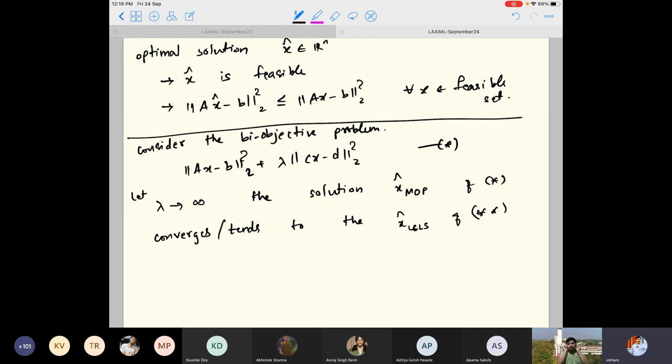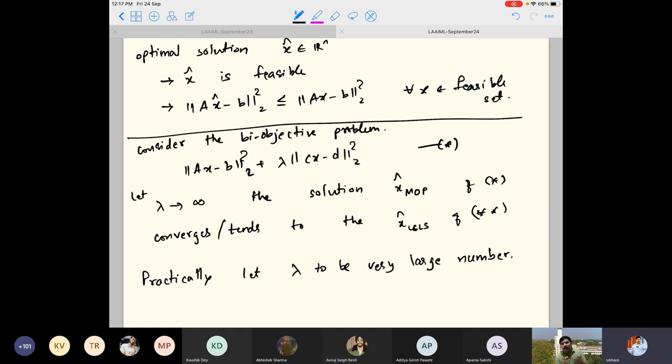So practically what you will really do is you let lambda be a very large number. Okay, so lambda is like 10 power 15, something like that.